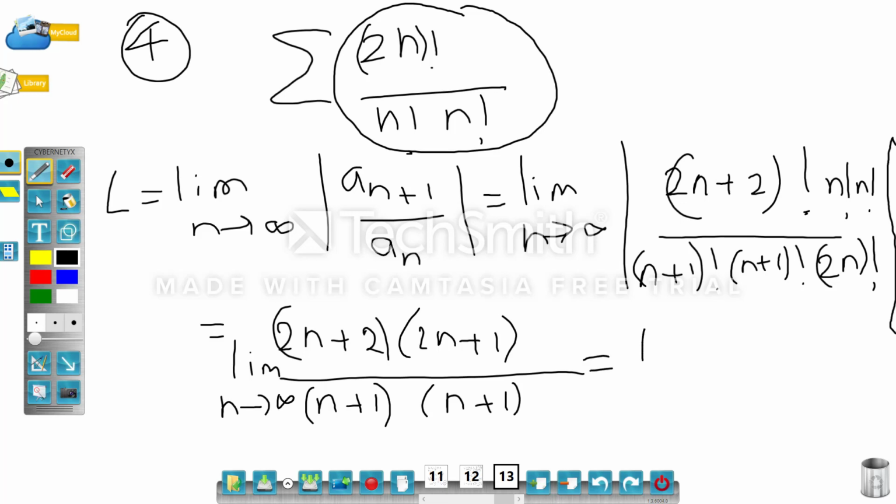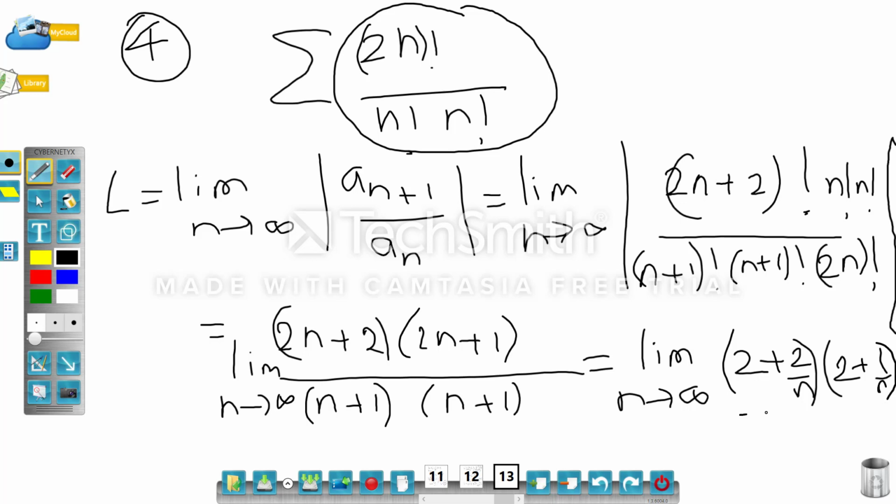Now from all the brackets you can take n common and cancel it out. So we will have 2 plus 2 by n, and similarly here 2 plus 1 by n, and in the denominator 1 plus 1 by n, 1 plus 1 by n.